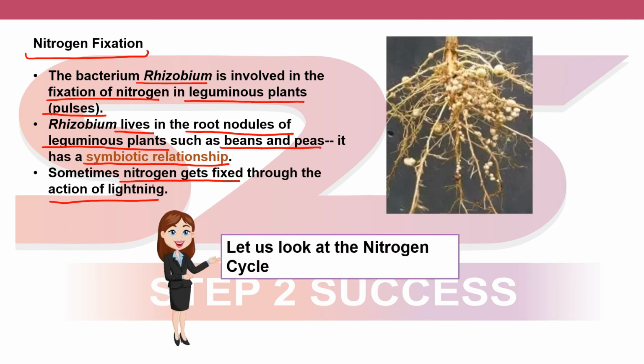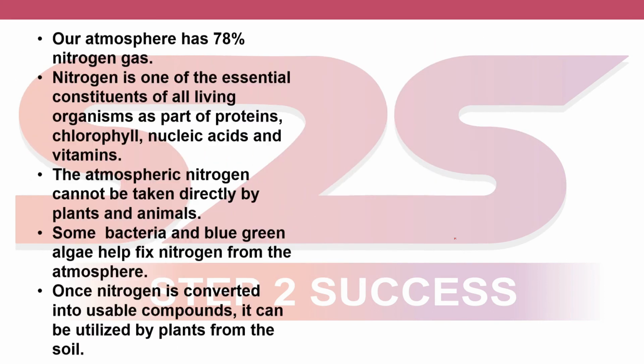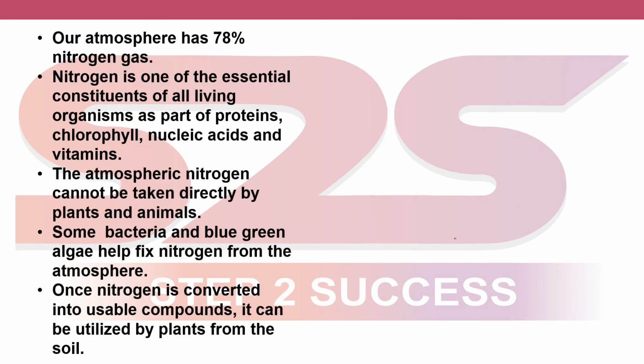Let us look at the nitrogen cycle now. Our atmosphere has 78% nitrogen gas in it. Nitrogen is one of the essential constituents of all living organisms as part of proteins, chlorophyll, nucleic acids, and vitamins.